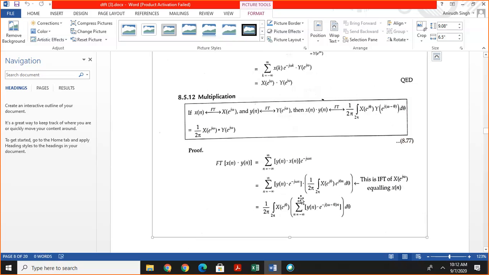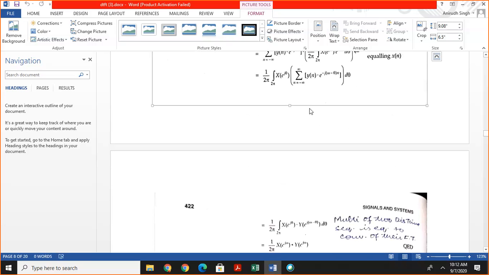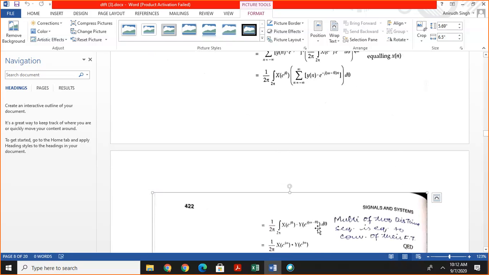If we take 1 by 2 pi integration of X of e^{j theta} out of this summation sign, we get this expression, and the summation of y of n multiplied by e^{-j(omega minus theta)n} is simply Y of e^{j(omega minus theta)}.